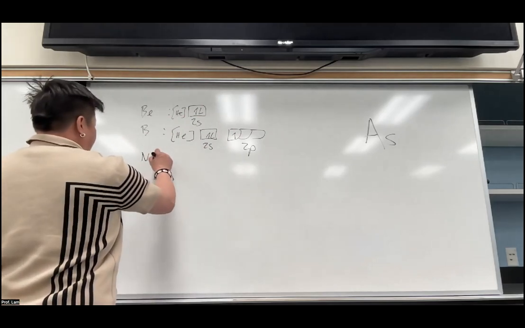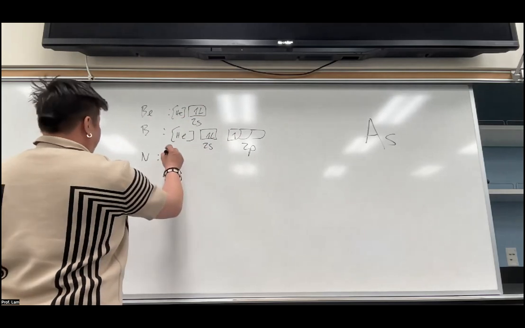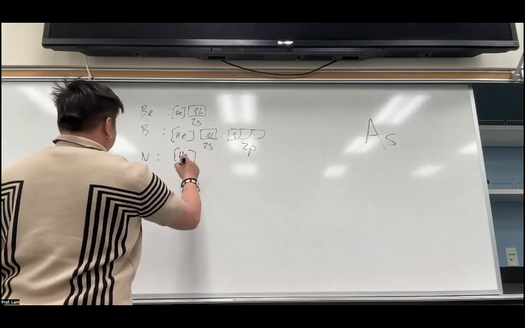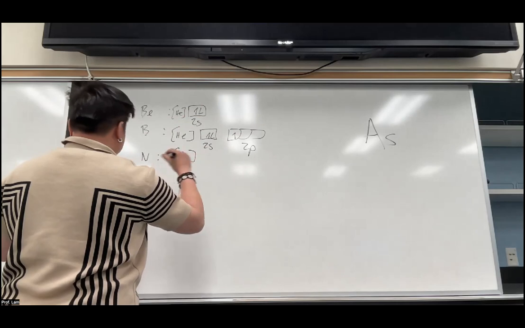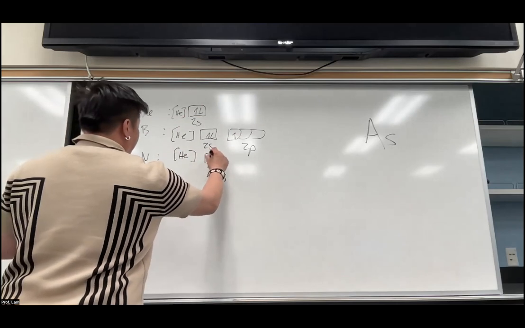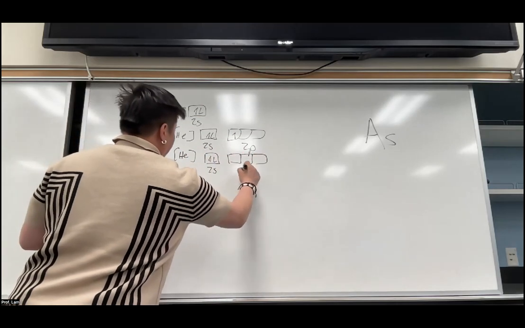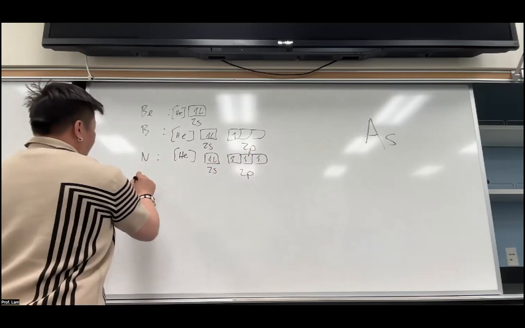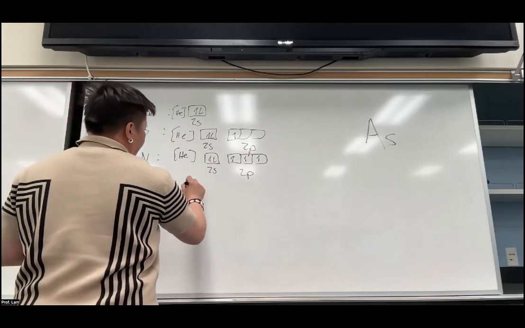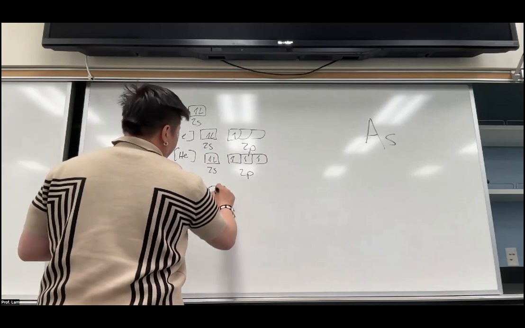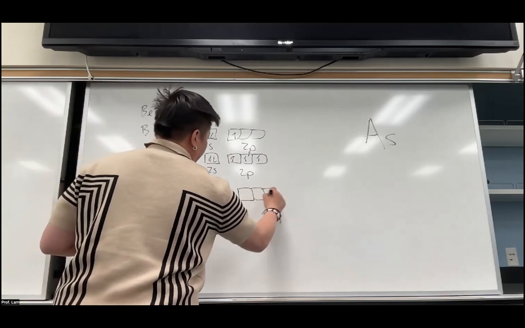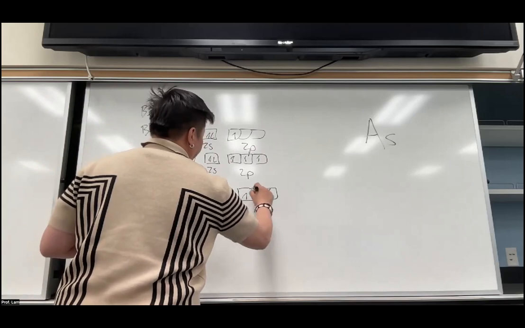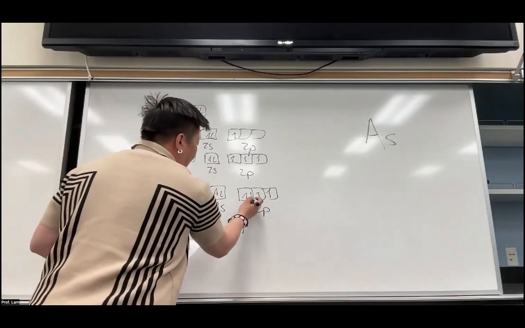There was another instance between nitrogen and oxygen. So let's see that. For nitrogen, it's brackets helium 2s2 2p3. For oxygen, it's brackets helium 2s2 2p4. You see the same thing again.